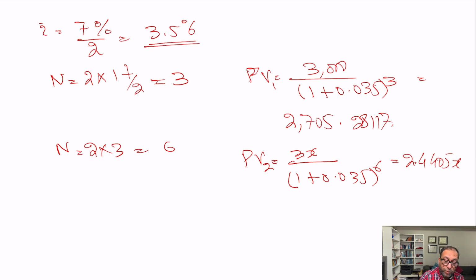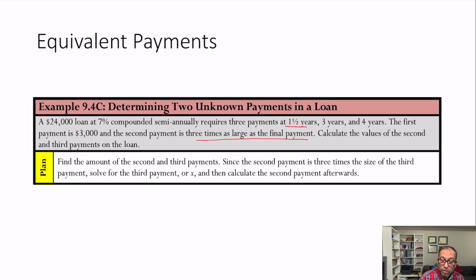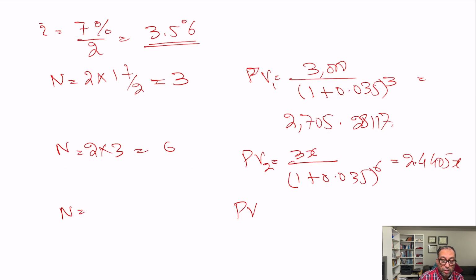If we want to find out PV3, n for PV3 is 8, right? We calculated it as 8 here, because it's the fourth year, so 2 payments per year, 4 years, so 8. So PV3 is equal to x, because this is the final payment.